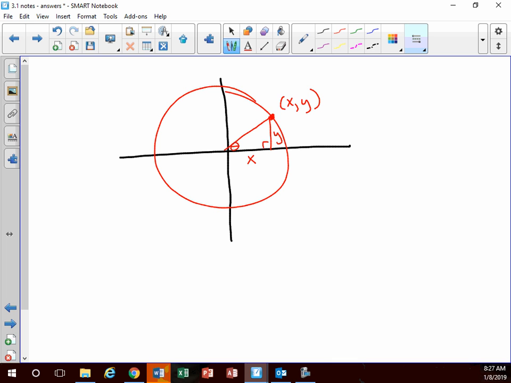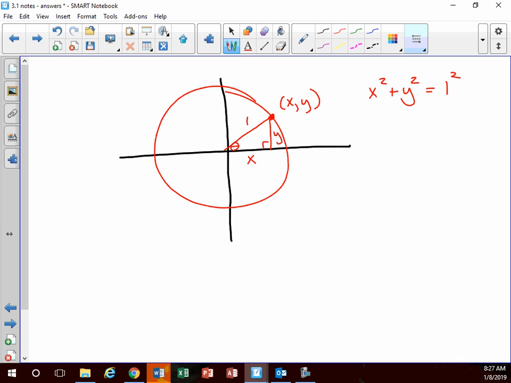Okay. If I'm on the unit circle, how long is the hypotenuse? What's the radius of the circle? 1. Yes, the unit circle, so it's 1 unit long, so this is 1. So Pythagorean theorem that you've been doing forever would be x squared plus y squared equals 1 squared, right?